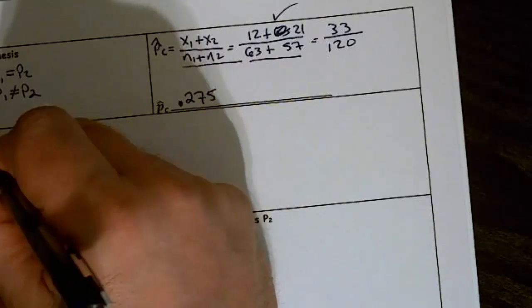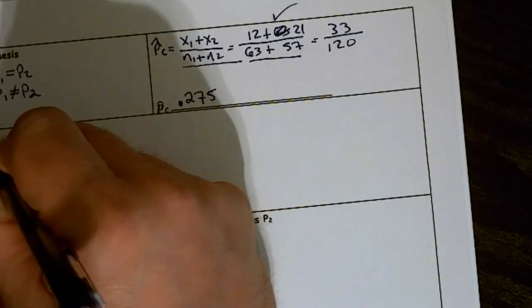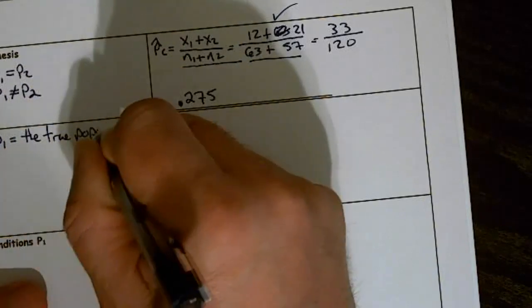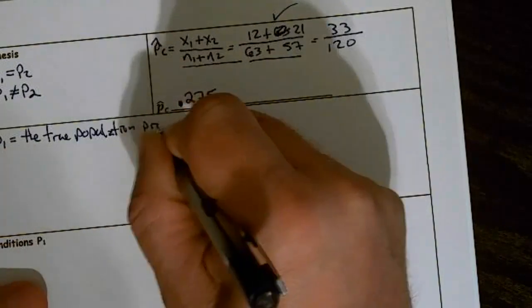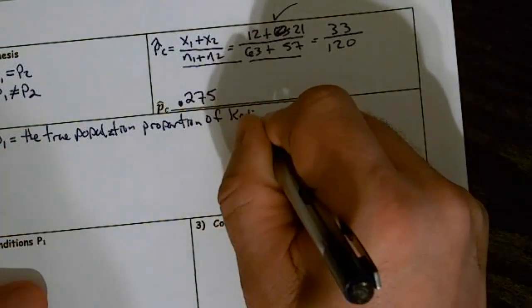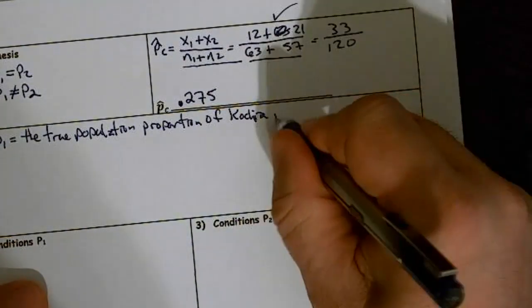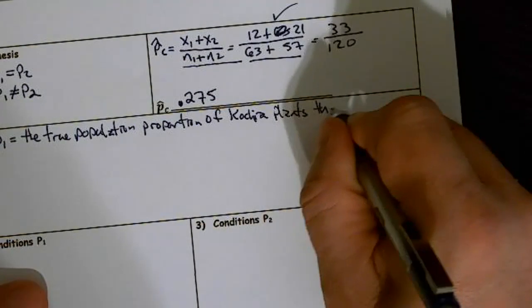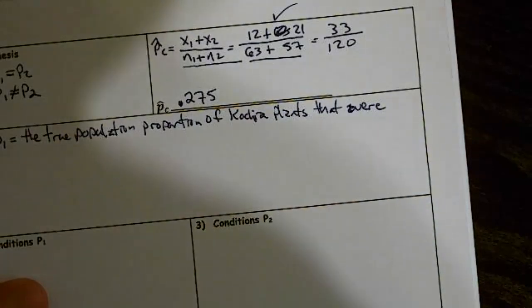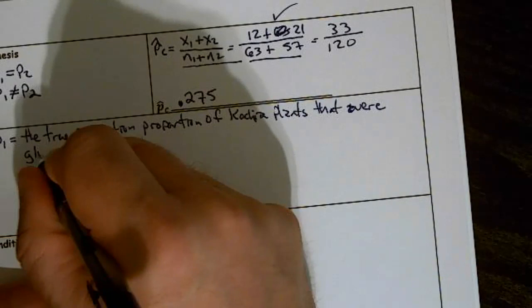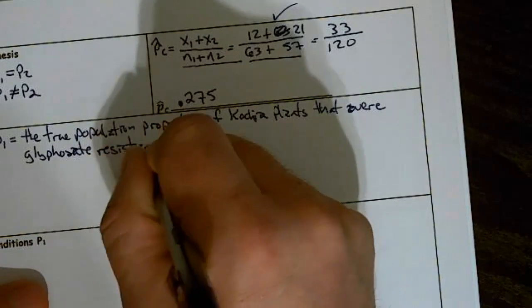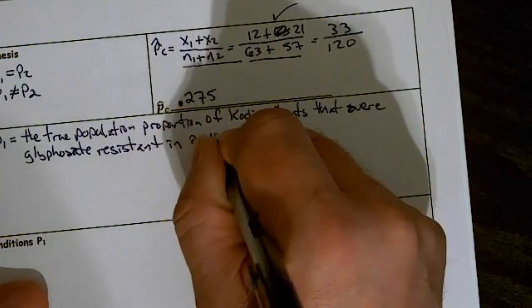All right, so now we get to define our parameters, where we get to do all of our writing. So let P1 equal the true population proportion of Kochia plants that were glyphosate resistant in 2014.